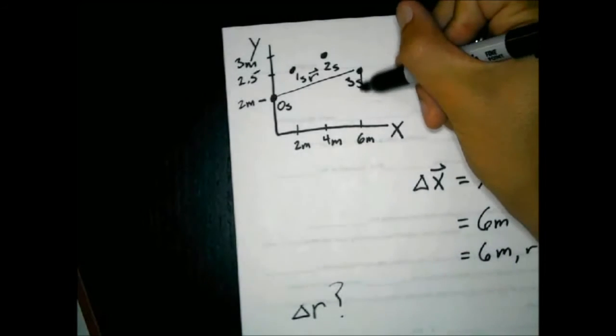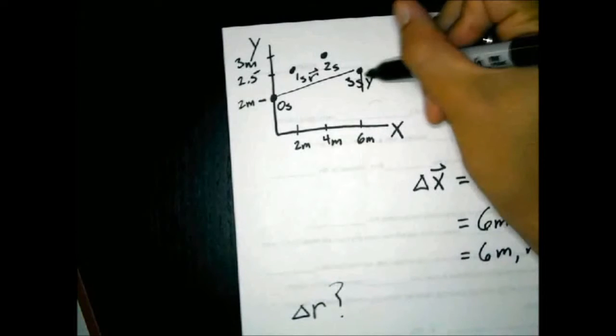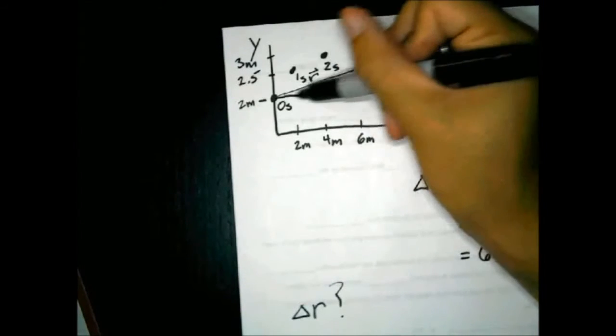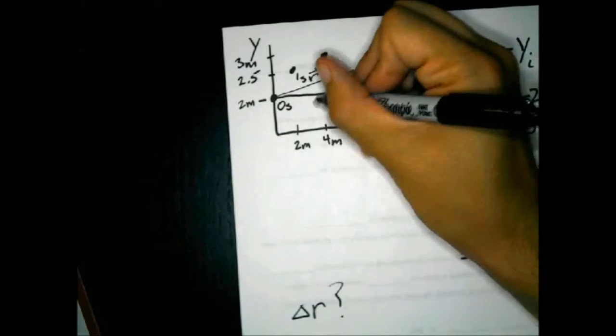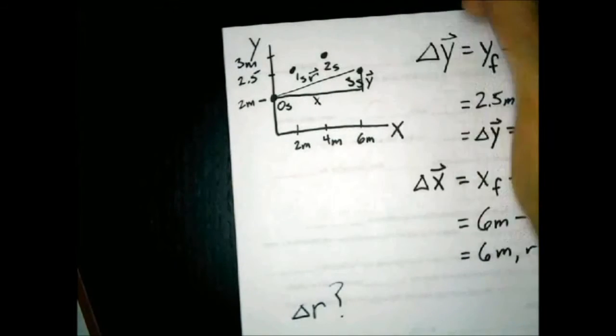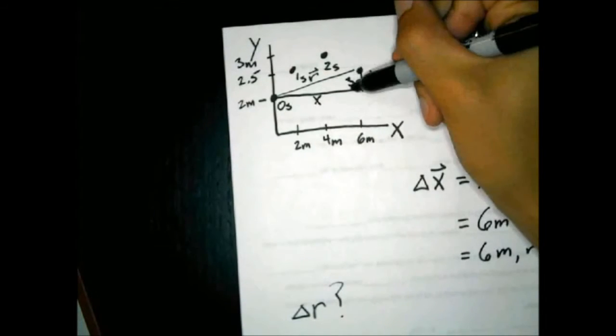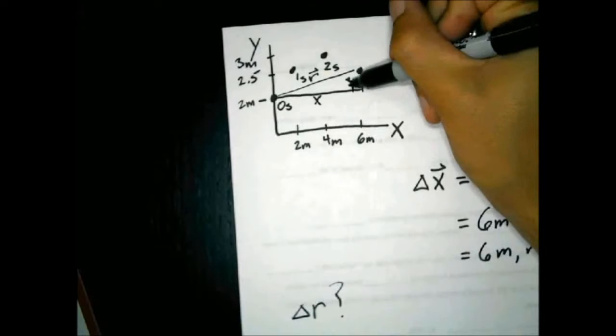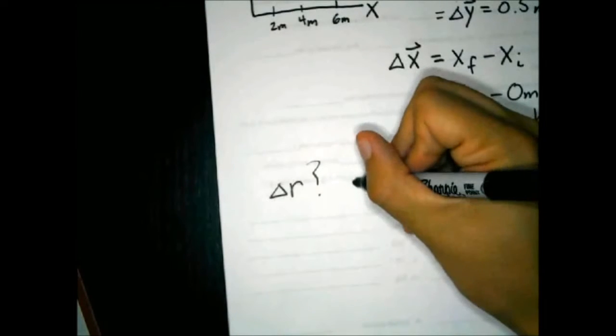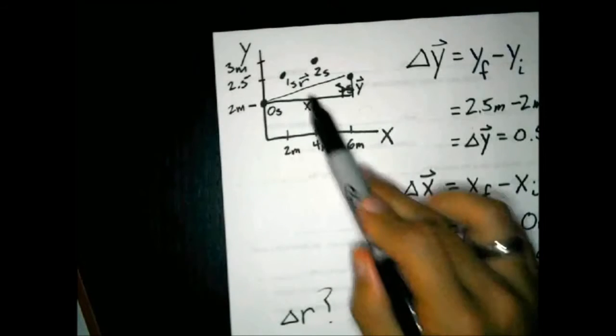Here's my change in Y. Here's my change in X. Look at that. Right triangle. So now I can do r squared equals x squared plus y squared. And that'll give me my change in r.